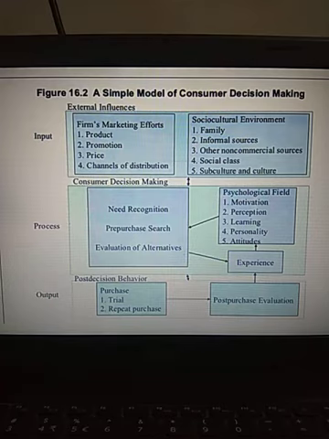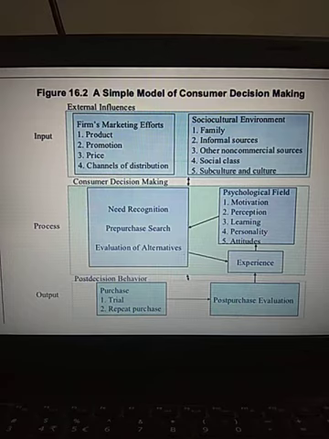One more impact comes through the social and cultural environment, the background of the family, the peers, and the friends. All these people are going to influence the purchase of the product. After having that input information, the process will start.